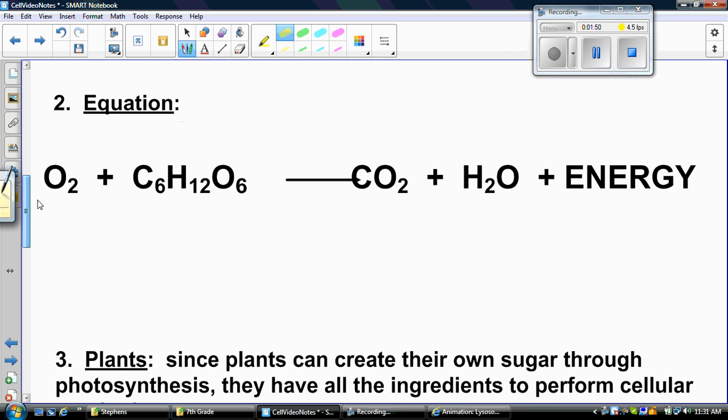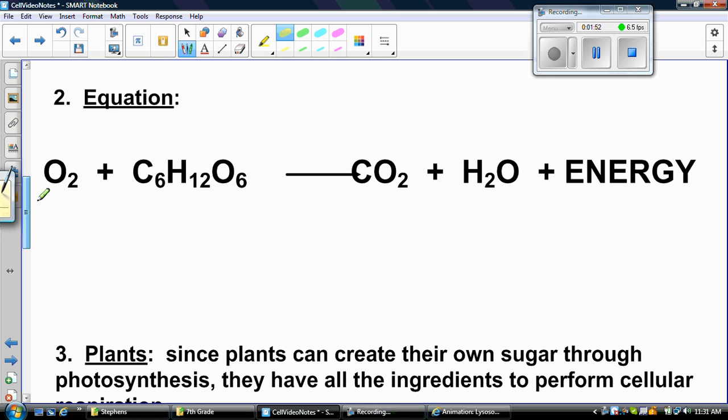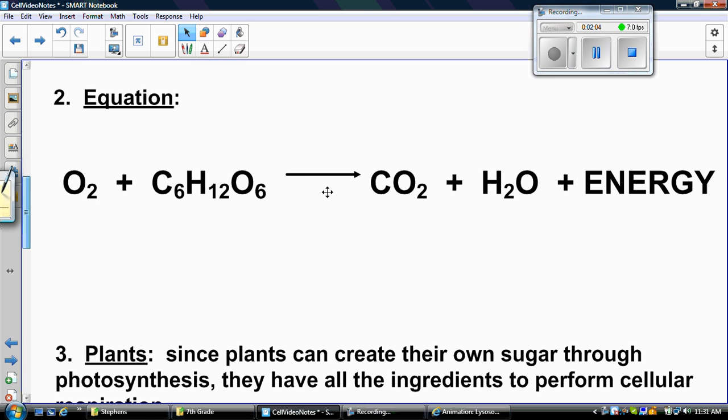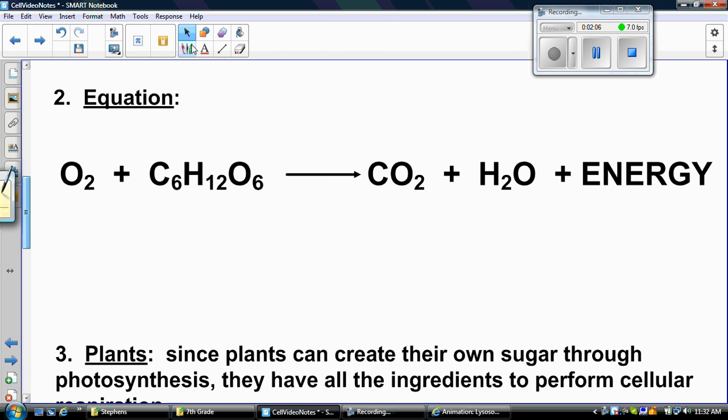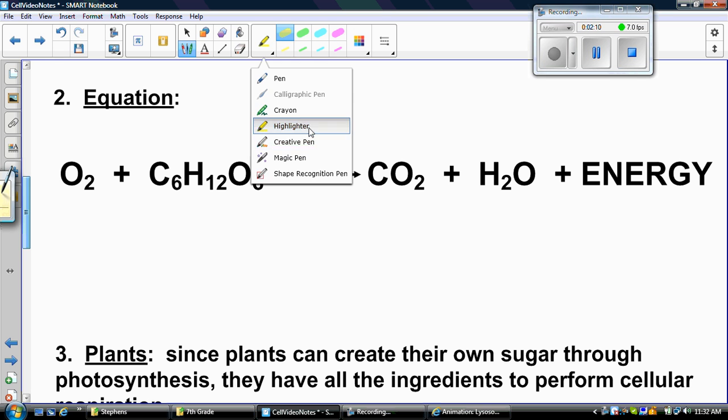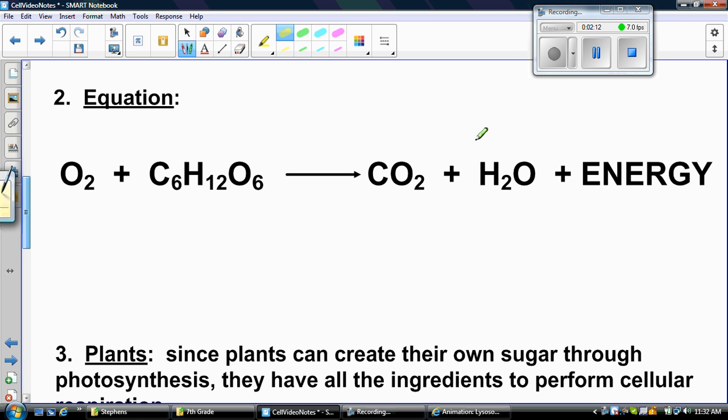Okay, so cellular respiration, let's look at the equation. What's really cool about the cellular respiration equation is it's the opposite of the equation for photosynthesis. What I mean by that is, what were the reactants in photosynthesis?